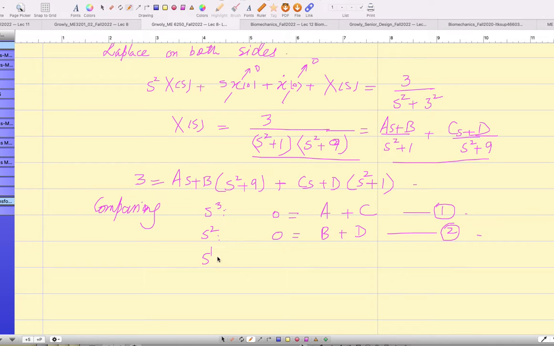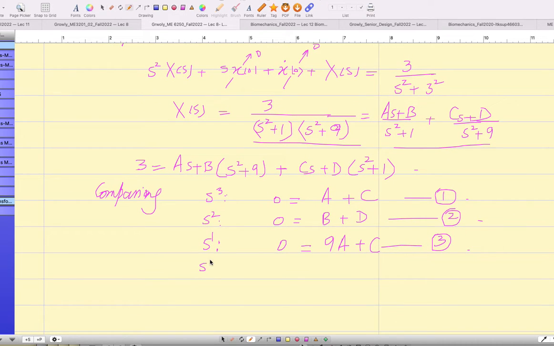For s to the first power, 0 on the left hand side, and 9A plus C on the right, this is number 3. The last equation comes from comparing the constant terms: 3 is the constant on the left hand side, and 9B plus D on the right, agreed.